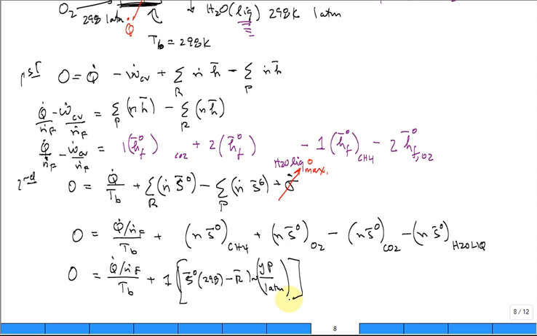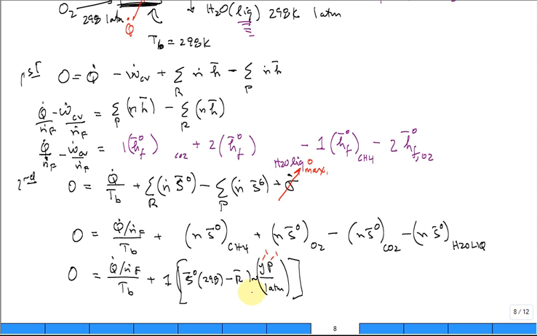Let me pause. Does that look good? It's a pure stream of CH4 methane coming in. So what's Y for that pure stream? What's the mole fraction of methane in a pure stream of methane? 1. And it's at 1 atm. So guess what? This is 1, this is 1, all that's 1.